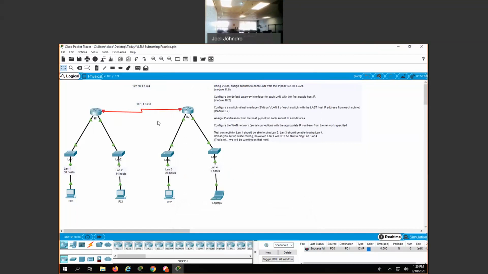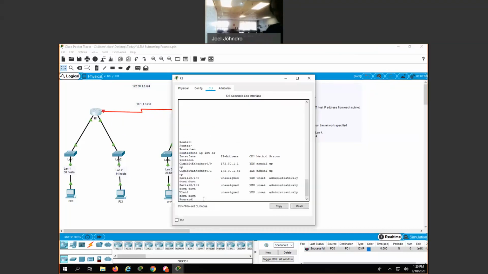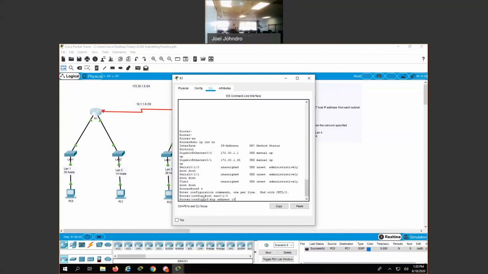Okay, so it's serial 0/1/0. That's serial 0/1/0. Okay, I wasn't sure what the interface was. So interface serial 0/1/0. IP address, and we determined it was 10.1.1.9. And a subnet mask of 255.255.255.252.